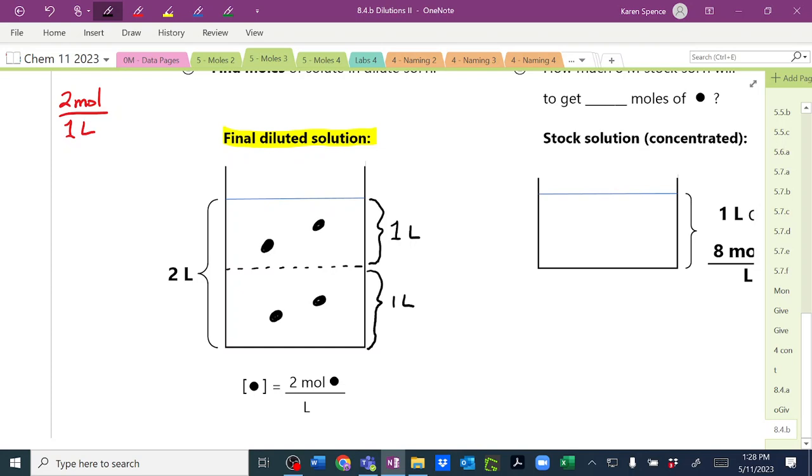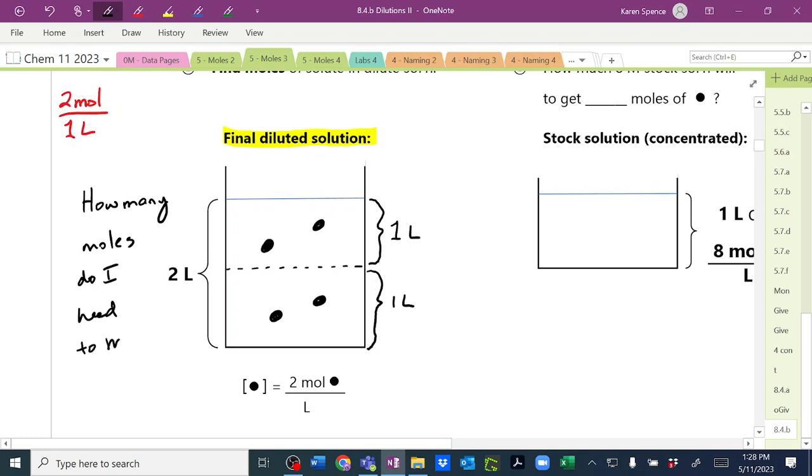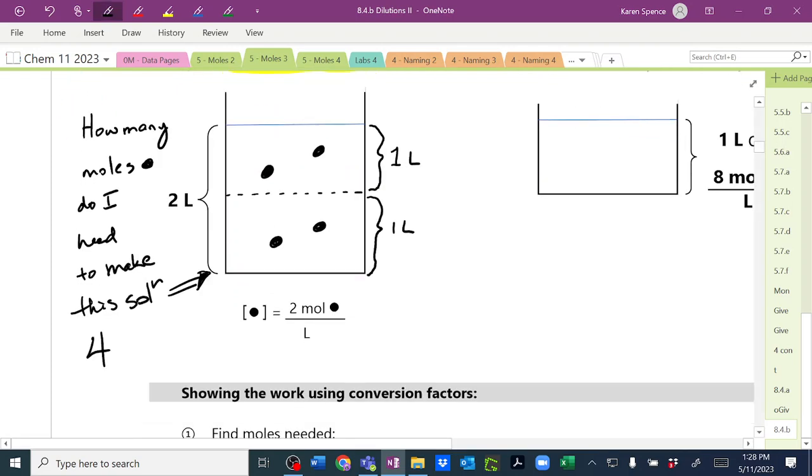So how many moles of dots do I need to make this solution here? This is not a hard question. I need 4, yes? So I need 4 moles.